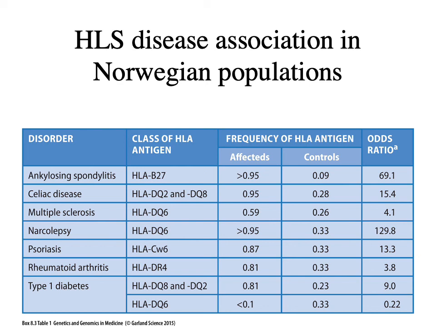But in type 1 diabetes, HLA-DQ6 is actually a protective allele, and carriers have less disease risk than the general population. But you can see through looking at the odds ratios, there are several different diseases that are associated with HLA variations, and that has been picked up, and the odds ratios have been calculated to demonstrate this relationship.